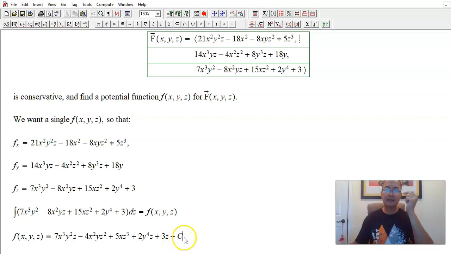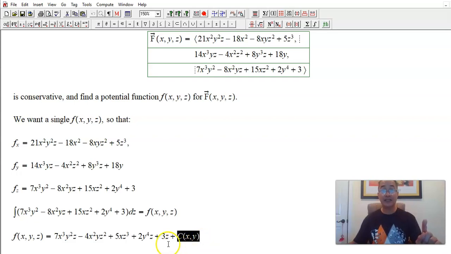But what will happen over here, we're only taking the partial derivative with respect to z. So if we have something here that only contains x and y, it will also disappear. So the correct notation would be c of x, y. This means you have a function, capital C, which is not constant.